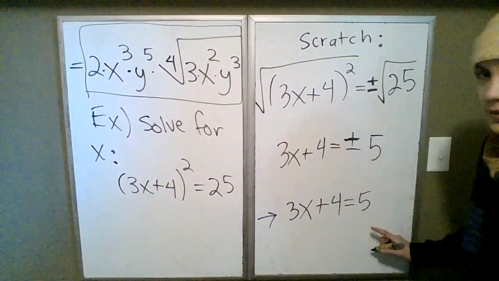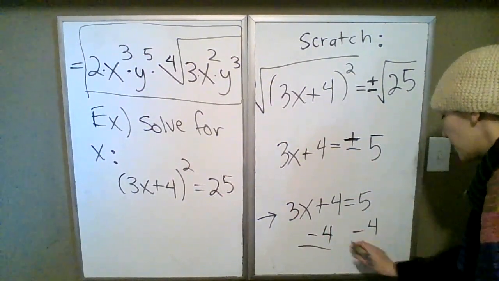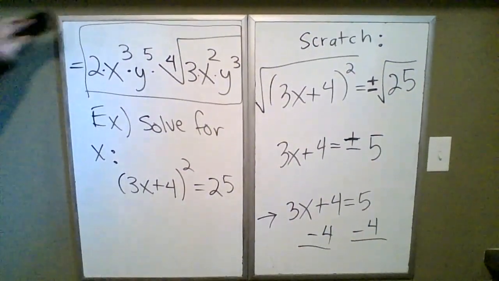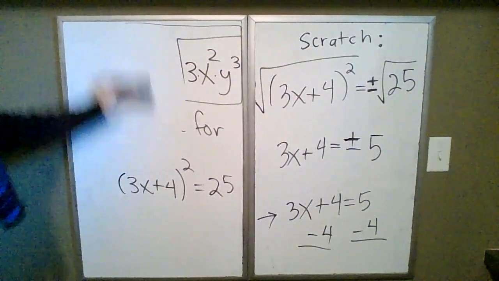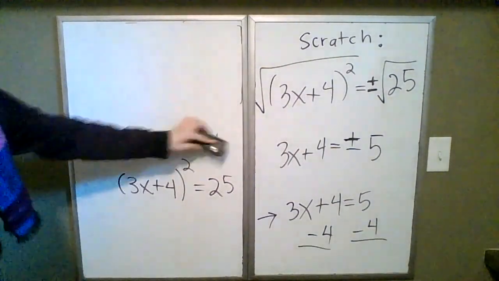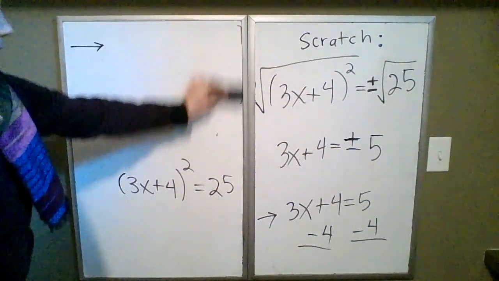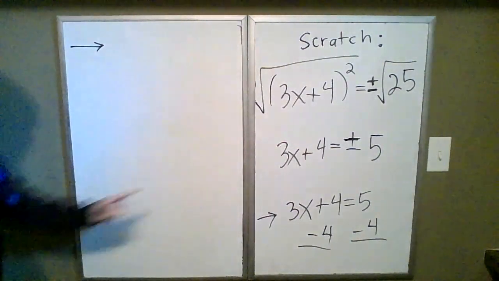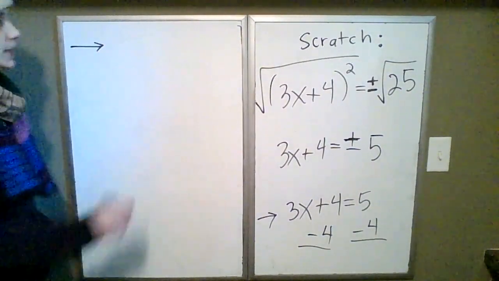So you would subtract 4 from each side, and 3x would be equal to 1.